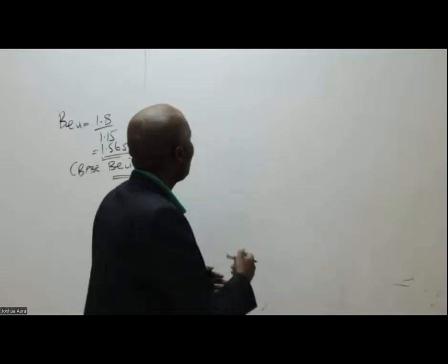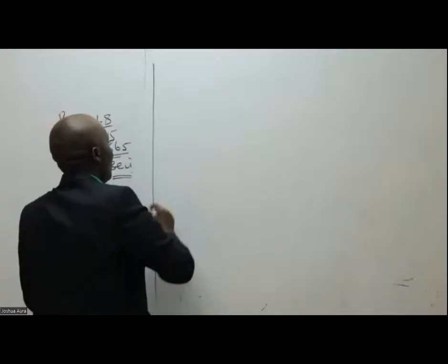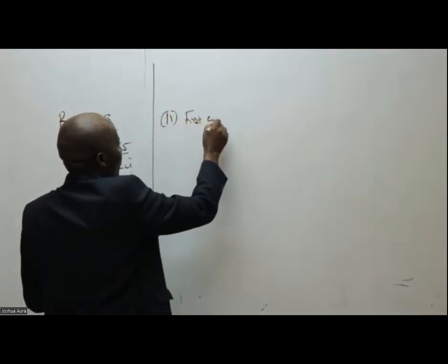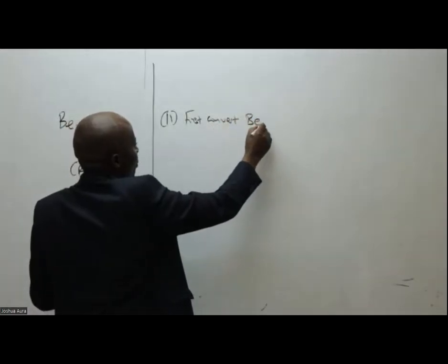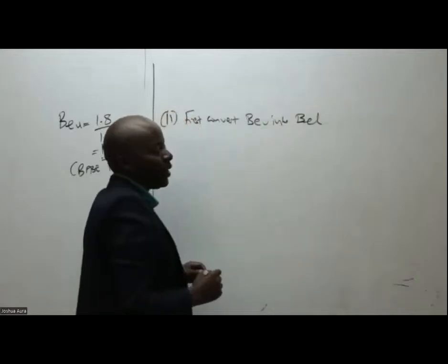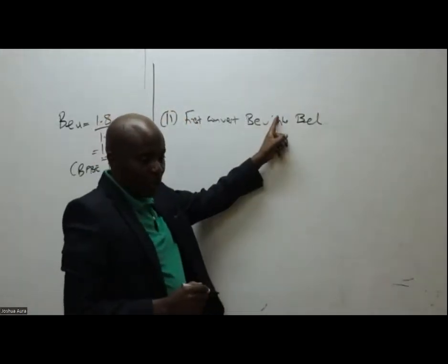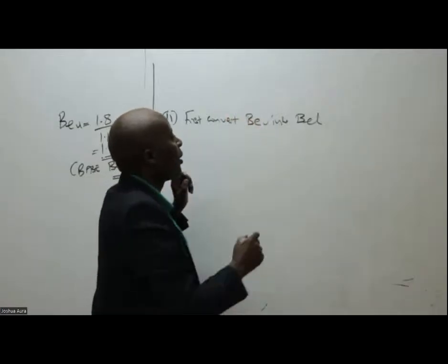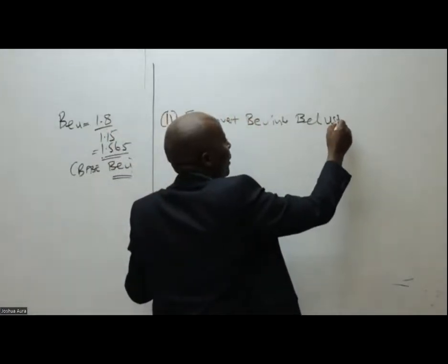So the first thing we need to do here, Roman 2, first convert BEU into BEL, the beta equity of a levered organization, using Hamada's model.